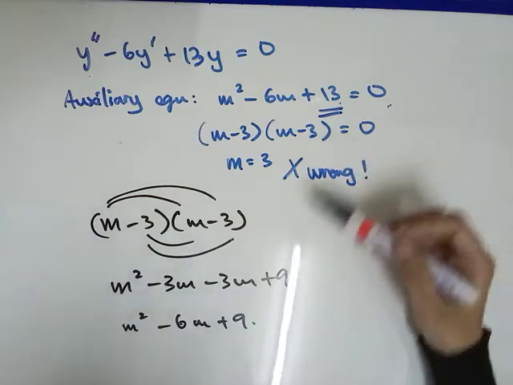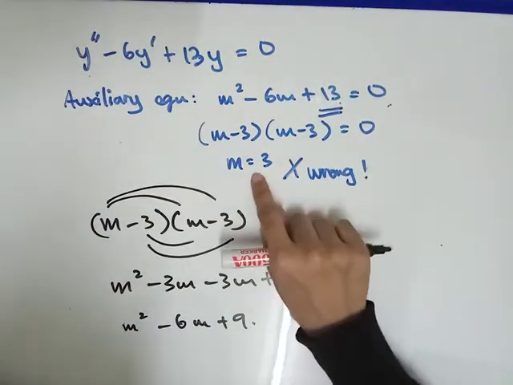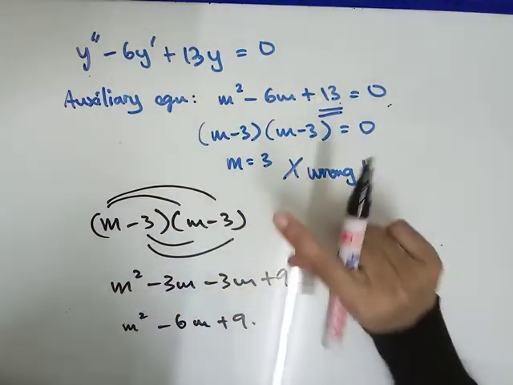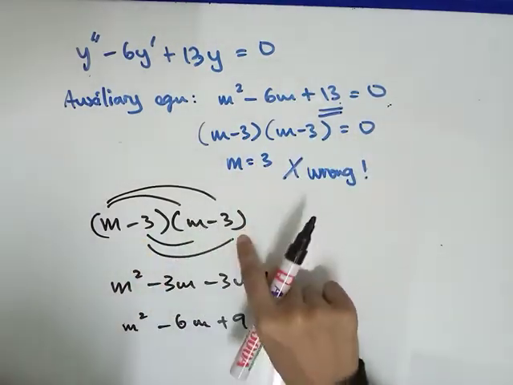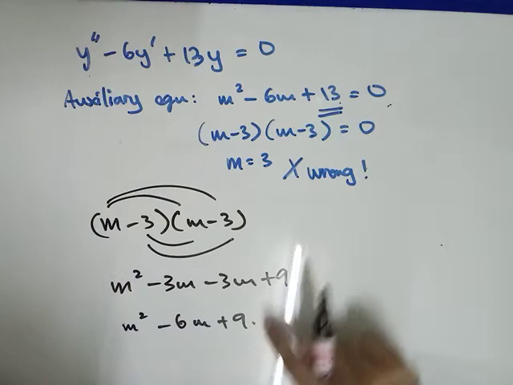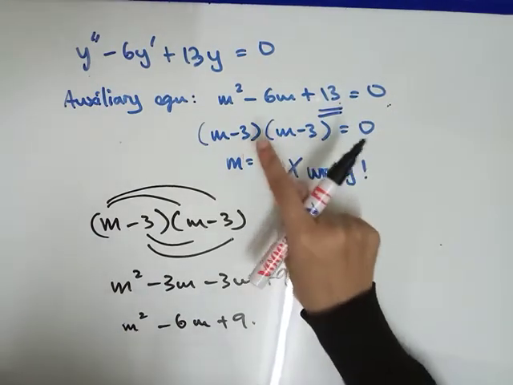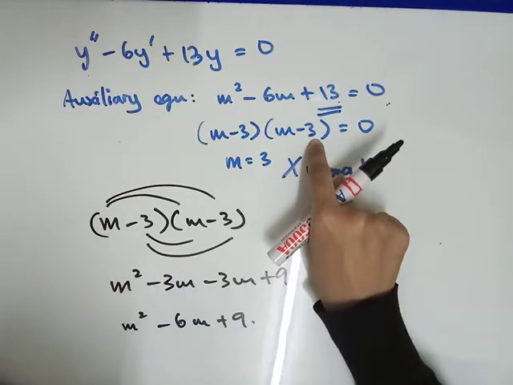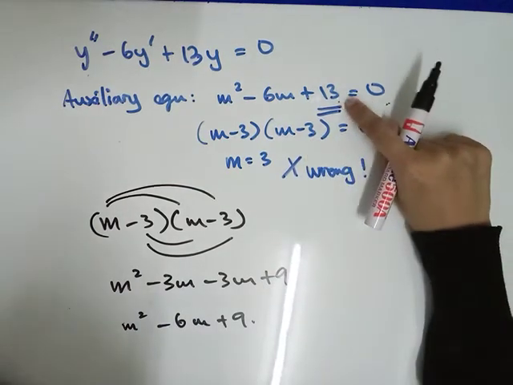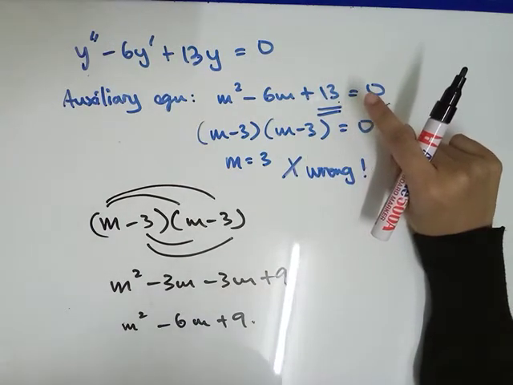So, wrong calculation here. So, awak tak boleh guna calculator sesuka hati. Awak kena careful. Macam mana nak tahu betul atau tak? Awak kena expand. Try expand. Sama tak? Or, short form dia 3 times 3, you get 9. Okay, 9 sama tak dengan 13 kat sini? It is not the same value.